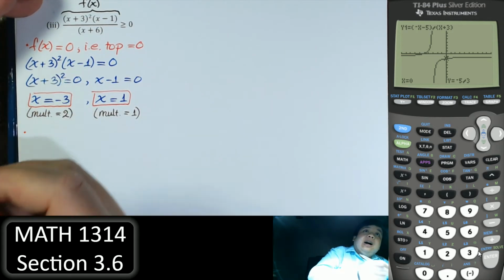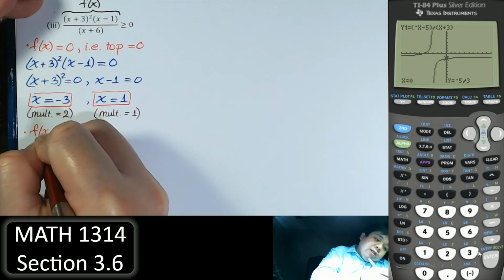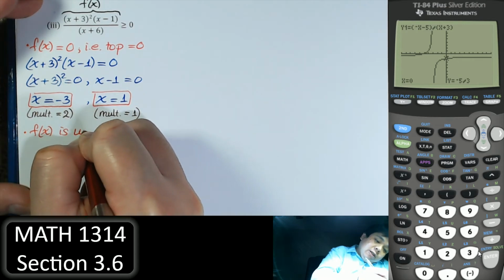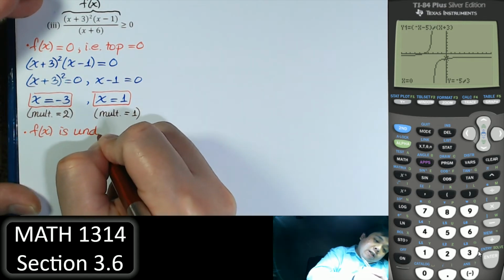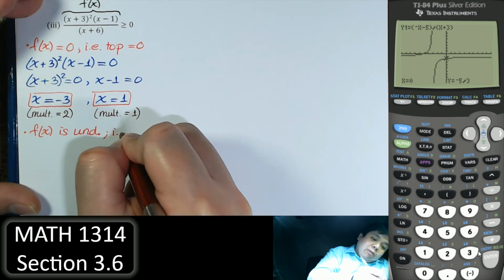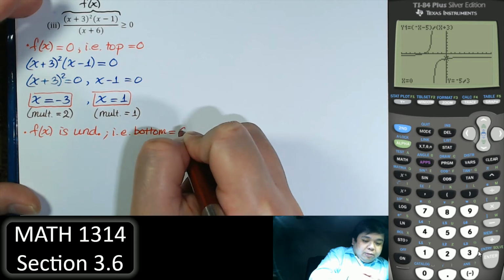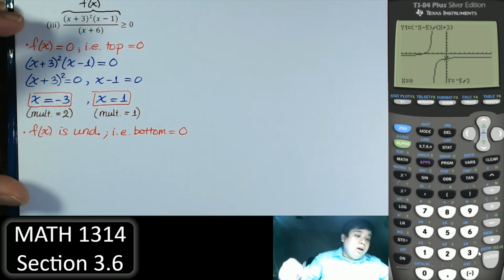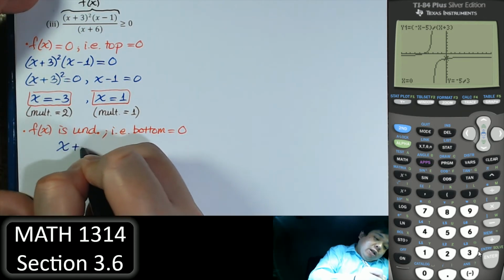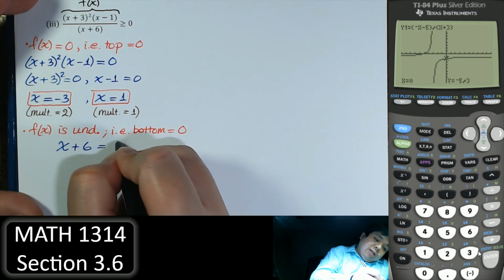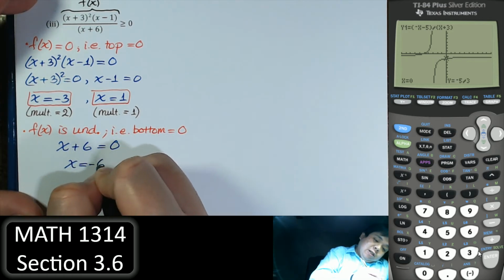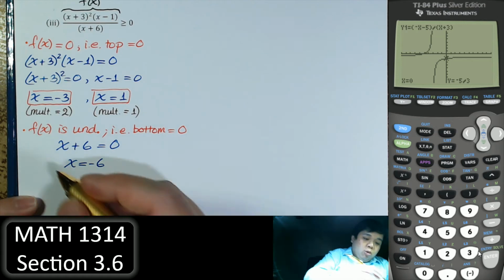Now, the function is undefined, meaning the bottom is equal to 0. x plus 6 equal to 0, so that's easy. And this is multiplicity of 1.